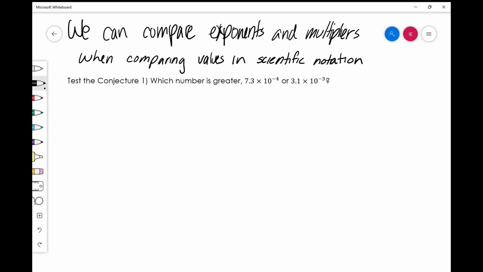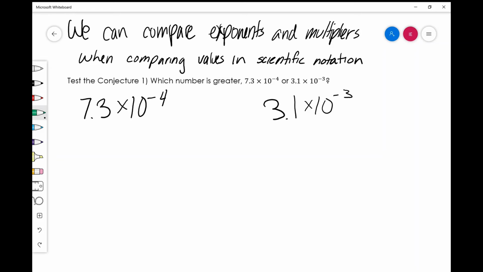Test the conjecture number 1 asks, which number is greater, 7.3 times 10 to the negative 4th power or 3.1 times 10 to the negative third power? Let's look. What two things can we compare when we're comparing values in scientific notation? We can compare either the exponents or the multipliers. When we're comparing values in scientific notation, we always first want to look at our exponents. So our exponents are -4 and -3.